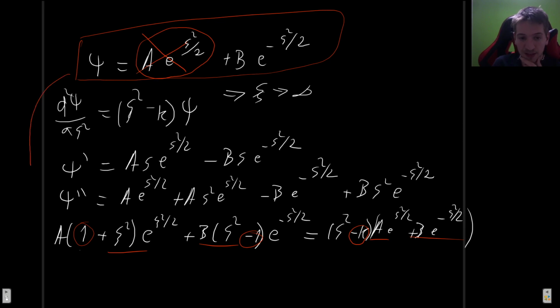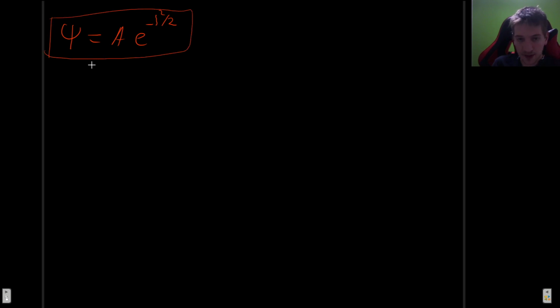Although it is a mathematical solution to this asymptotic equation, it is not a physically acceptable one. So for that reason, we are only left with, I'm just going to call it a, e to the minus ξ² divided by 2. Okay, so this is the asymptotic solution that we have found so far.